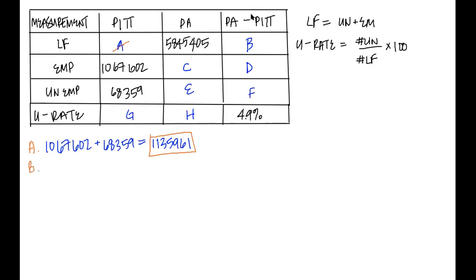So for B, we can see that the labor force for Pennsylvania minus Pitt is going to be 5,845,405 minus this value we just solved for in A, which was 1,135,961, which gives us a labor force of 4,709,444.